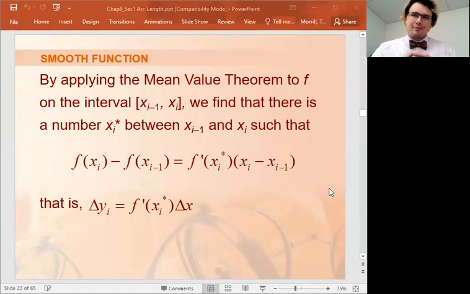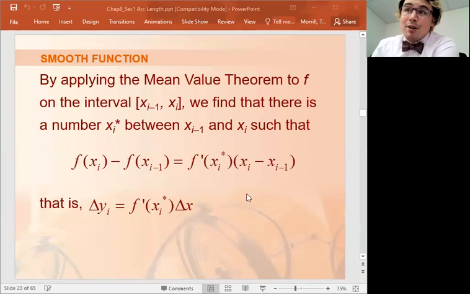Now, what gets me back to integrals and what gets me back to calculus? Well, one way you can look at it is with the mean value theorem. So those delta y's I could also call f of x_i minus f of x_{i-1}.